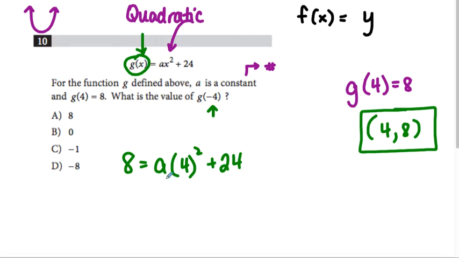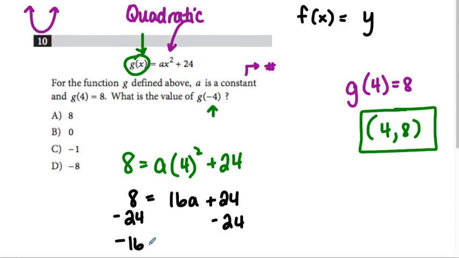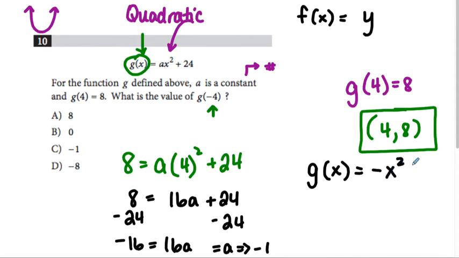In this case, it's going to be 8 equals 16a plus 24. I'm going to subtract 24, get -16 equals 16a. So a equals -1. My function then becomes g of x equals -x squared plus 24. Now at this point, I can evaluate the function by plugging in g at -4.